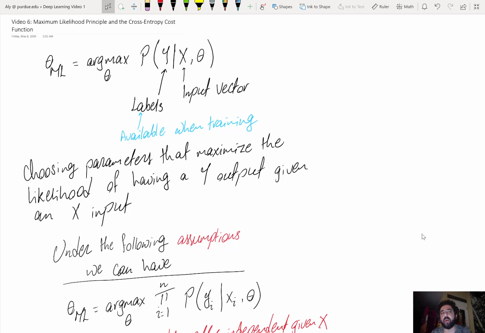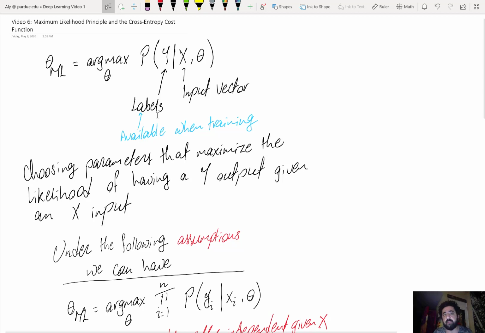So the main principle that guides the choice of the cost function is a principle well known in statistics called the maximum likelihood principle. And the principle is very simple. Let's say I have a set of input vectors, x, and a set of labels associated with them that are available when training.